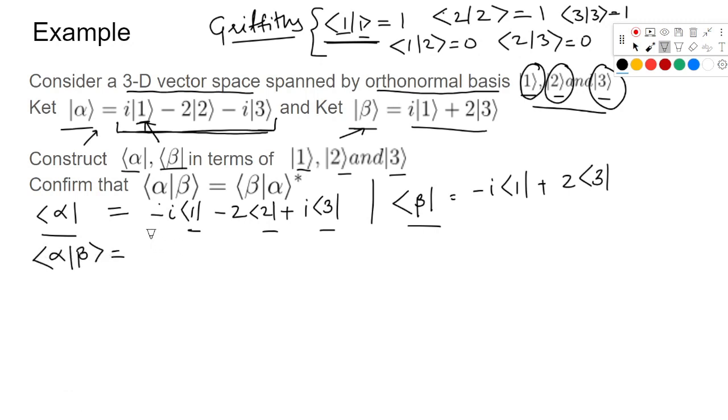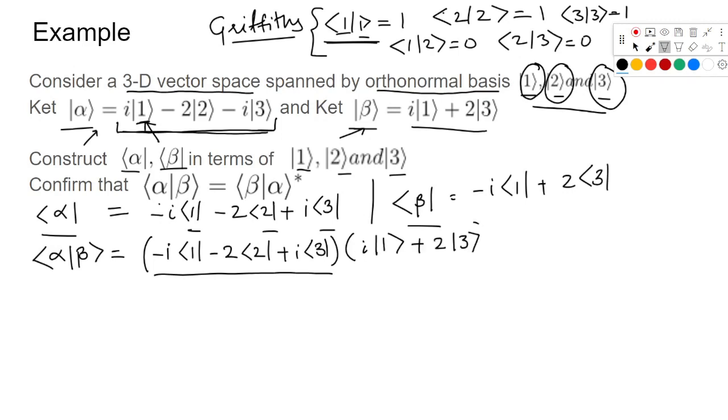For this we have to multiply, so this is the bra of alpha, we multiply it by the ket of beta. When we calculate this, remember these orthonormality conditions here. So the inner product of bra of 1 and the ket of 1 will give us 1. The inner product of the bra of 1 and the ket of 3 will give us 0.